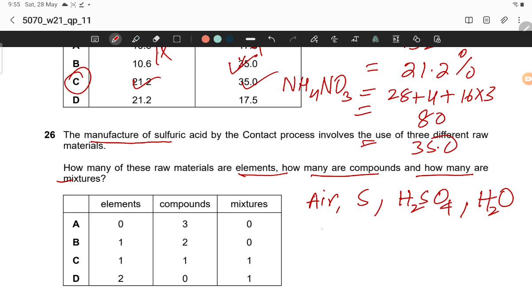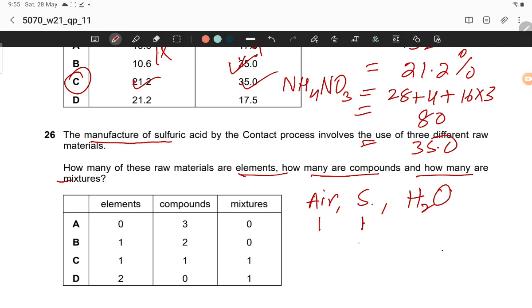One is an element, one is a mixture, and water is a compound. Water is used as a solvent, since sulfuric acid is going to be prepared, so H2O.